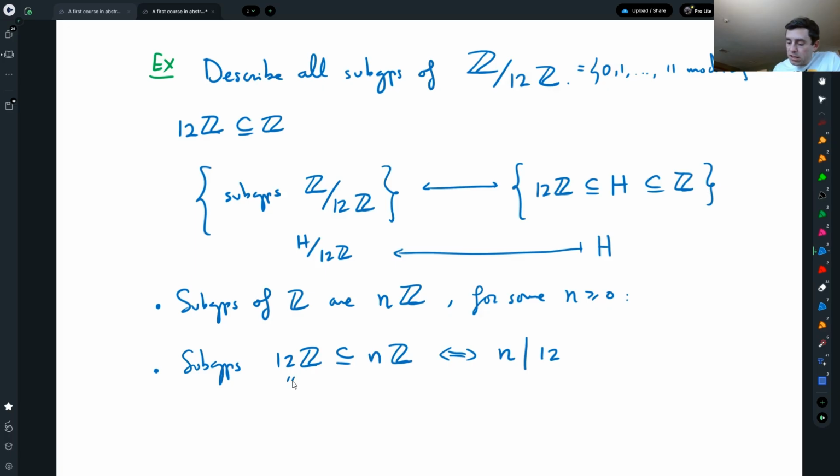Because these are the multiples of 12, so 0, 12, 24, and then also minus 12, minus 24, etc. These are multiples of n, so 0, n, 2n, etc., and then minus n, minus 2n, etc. And the multiples of 12 will be within the multiples of n if and only if n is a divisor of 12.